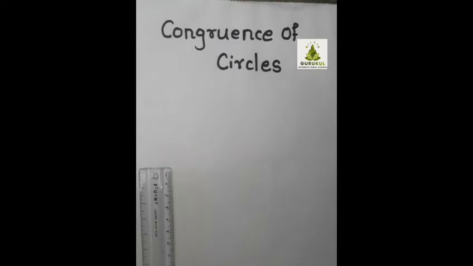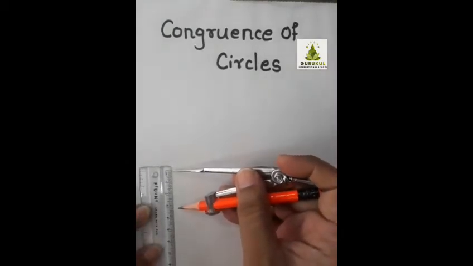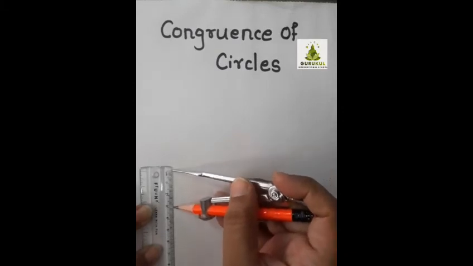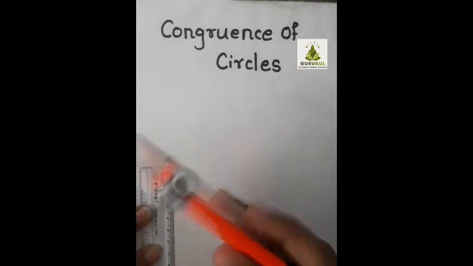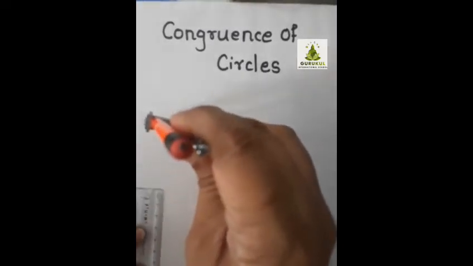As such, in our book, practice set is not given for this topic. One activity is given that you can do. First, you have to take a compass and take any distance in your compass. Suppose I take the distance 3 centimeters, then I will draw one circle with this radius 3.